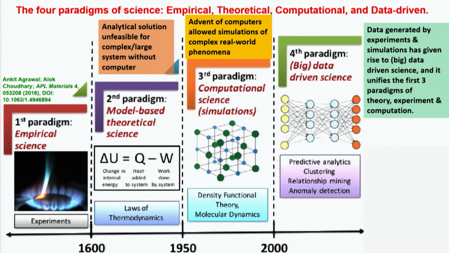At the same time, some of the parameters required for running DFT or MD we can get or refine further by using data-driven science. So this is a two-way process. Both of them are contributing and progressing at the same time.